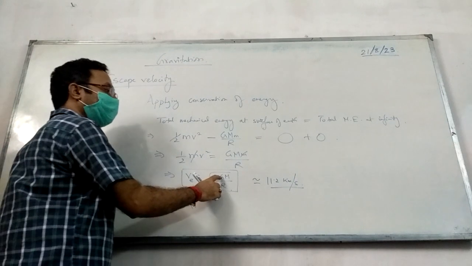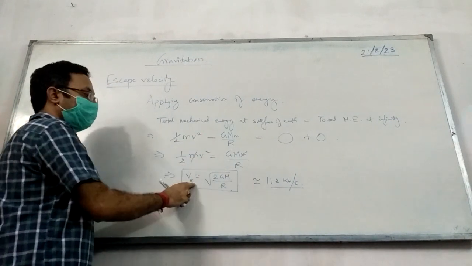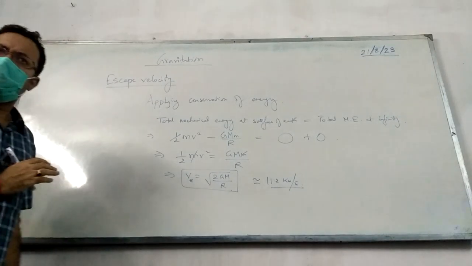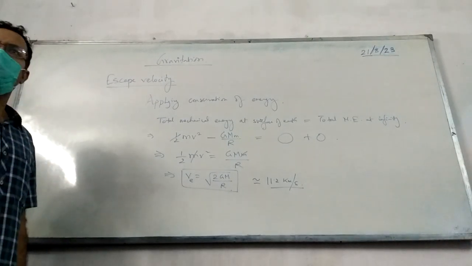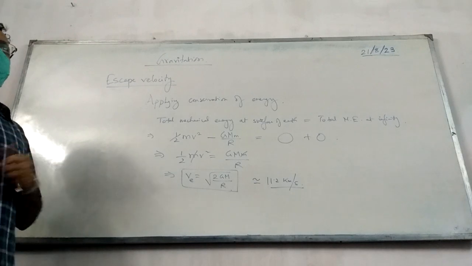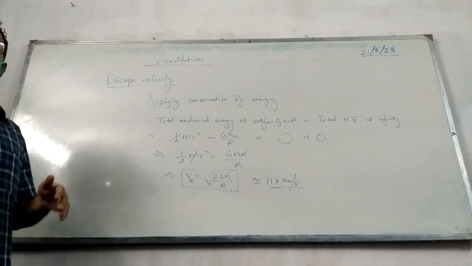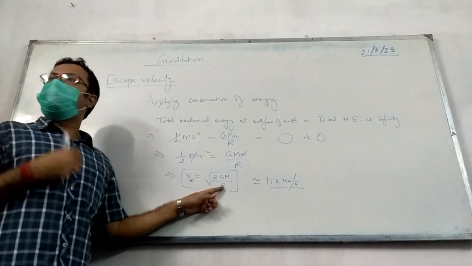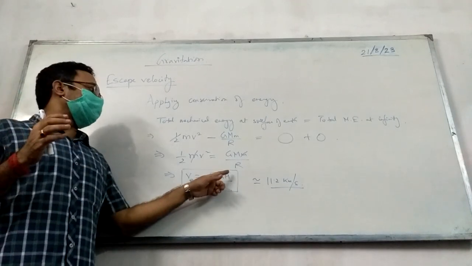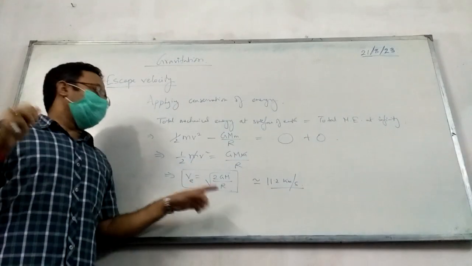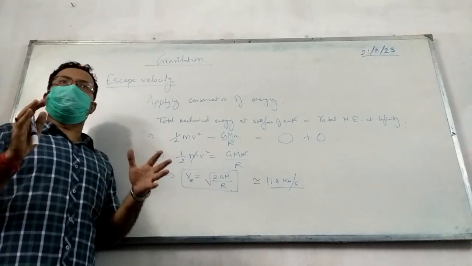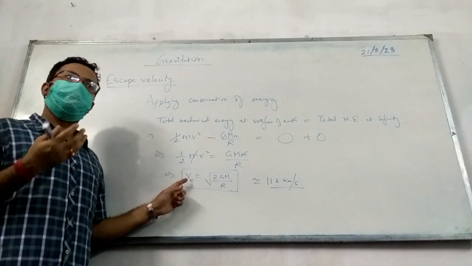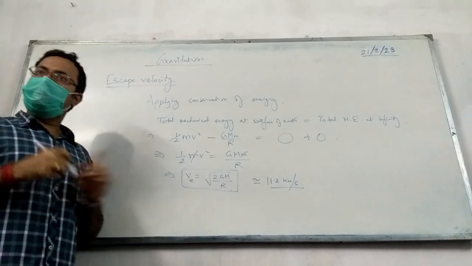So, now look at this very carefully. This is the expression for escape velocity. So you understand this is the minimum amount of velocity that has to be given to a body to go to infinite separation. अब एक चीज पूछ रहे हैं, थोड़ा आंसर दो मुझे. अगर हम लोग कोई एक ऐसा प्लैनेट में जाते हैं जिसका मास अर्थ से बहुत ज्यादा है, और रेडियस अर्थ से बहुत कम है, तो वहां पर एस्केप वेलोसिटी ज्यादा होगा या कम होगा? बहुत ज्यादा होगा.